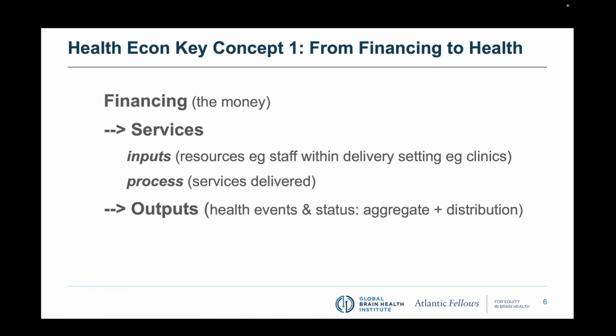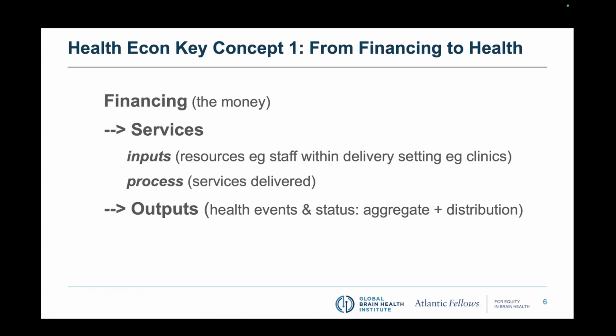We start with financing, that is, the money to pay for things. This generates services. We have inputs such as resources, staff who work within the delivery setting, and that might be a clinic. And we have a process, how the inputs are put together to result in services being delivered.